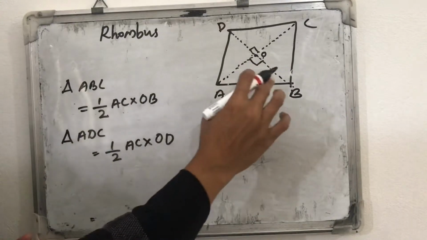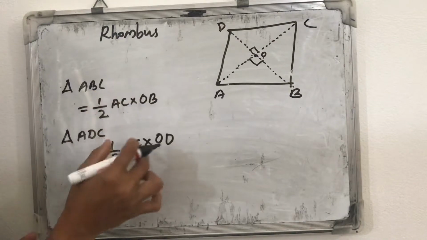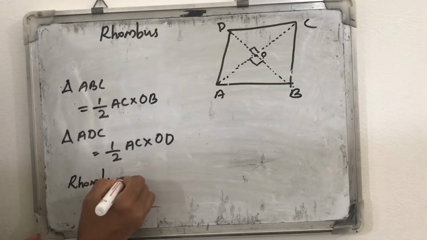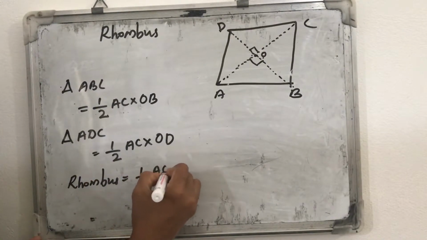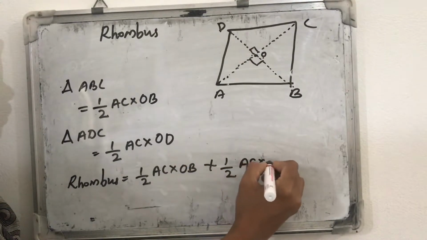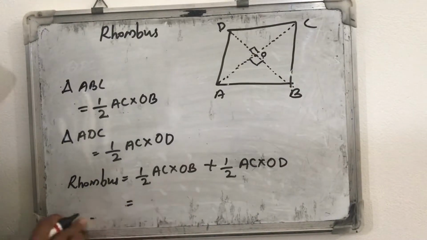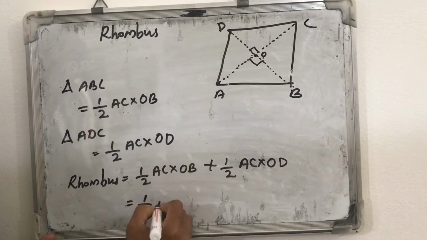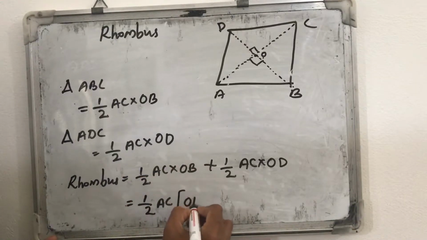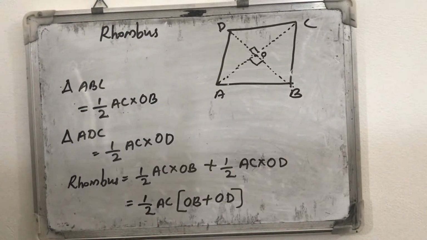Now, the area of the full rhombus will be the sum of the two areas. So area of rhombus equals half into AC into OB plus half into AC into OD. Take the common part outside, half AC is common in both, into OB plus OD.